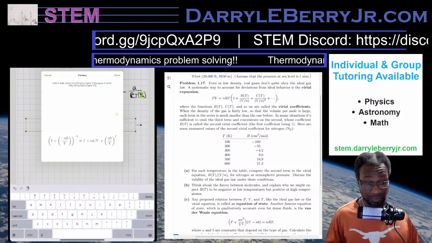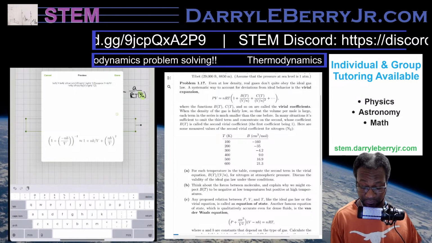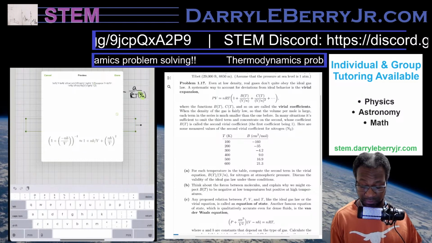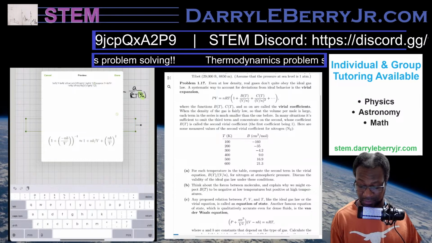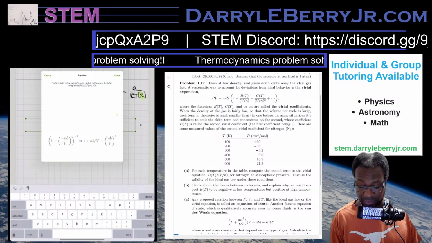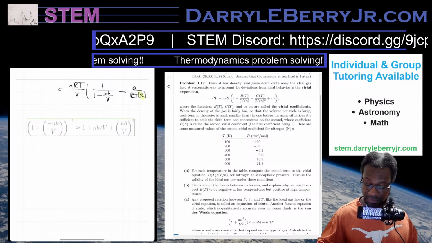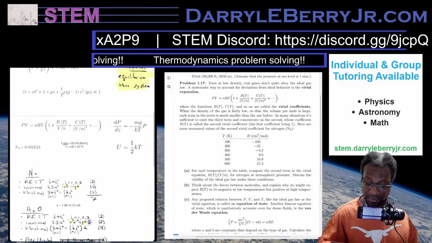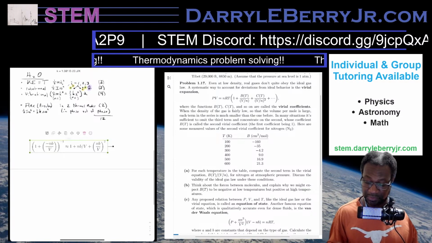One minus 1 plus minus NB over V to the negative 1. That's 1 plus NB over V plus NB over V squared. This is correct. So one thing I have to remember is a lot of these things are simpler than they seem.